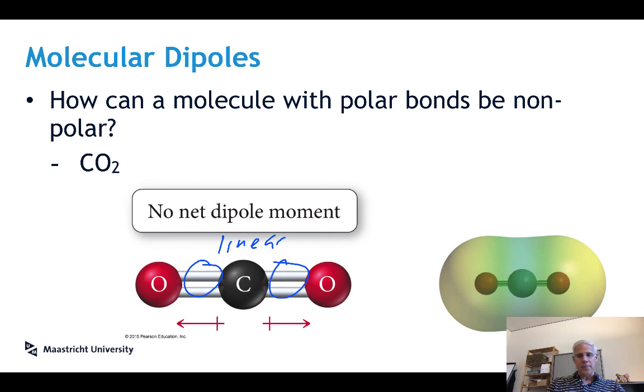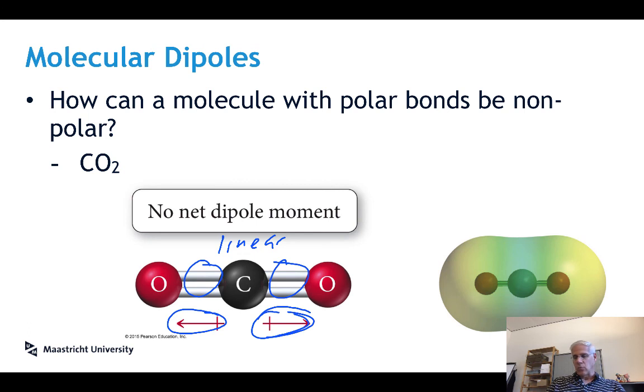Now, if we look at the polarity of each individual bond, we see that we have a dipole pulling away from the carbon here, a dipole pulling away from the carbon here. However, both of those two oxygens are pulling on all of those electrons.